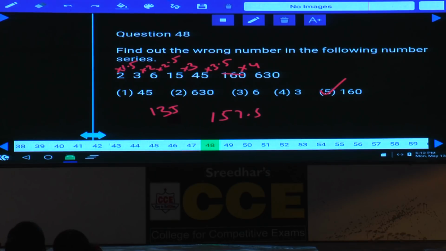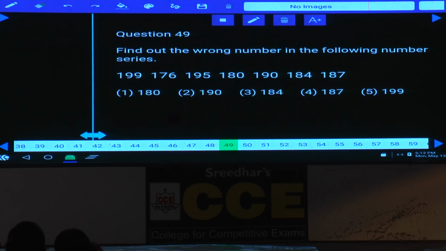That was 48. Then question number 49. Now in this 49, any answer to this 49? There are 7 numbers here. From 199 to 176, the number decreased, again increased, again decreased. Numbers are increasing and decreasing, hence it comes under alternate. Hence 199 and 195, the difference is minus 4, isn't it? 195 and 190, the difference is how much?